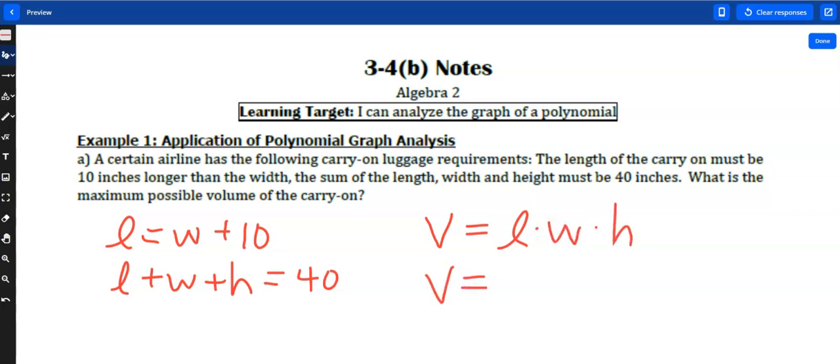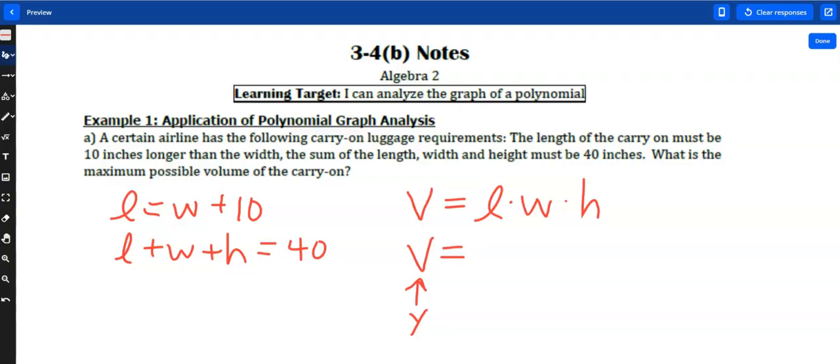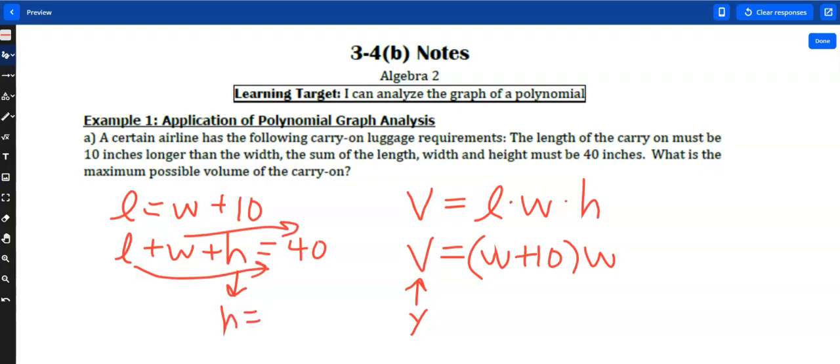So that means volume, this is like my y value, is going to be the equivalent of, well, that's W plus 10 for length. We've got W for width. Now I'm going to take this second equation and solve it for H, which means two things are going to go to the other side, the width and the length.